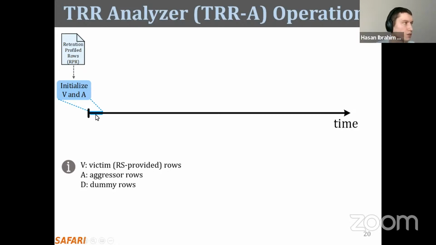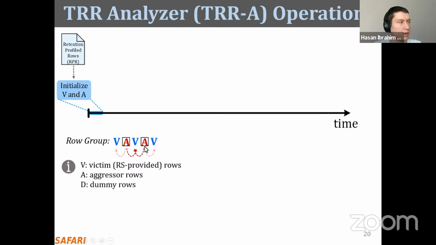Initially we just write some known data into the victim rows and aggressor rows. For example, let's assume that we use this row group, the one in the retention profile rows file here, and we specify aggressor rows between these victim rows. We can specify only one aggressor row and hammer only this row, as illustrated here, and this aggressor row will mostly affect the 2 victim rows closest to it.